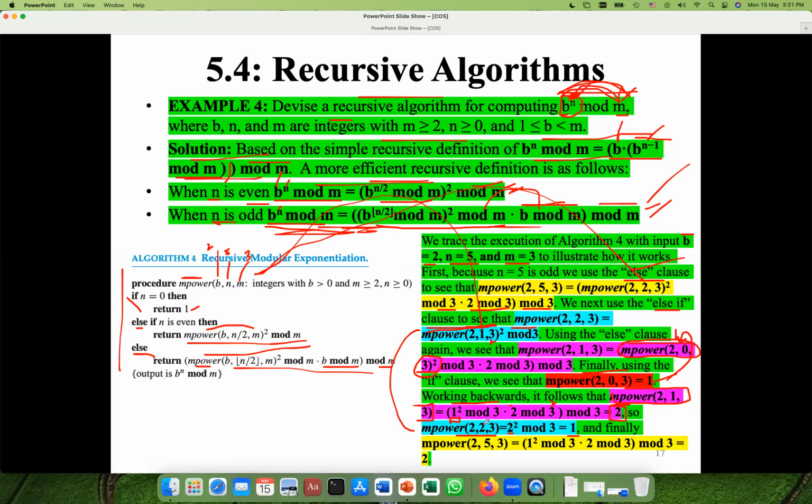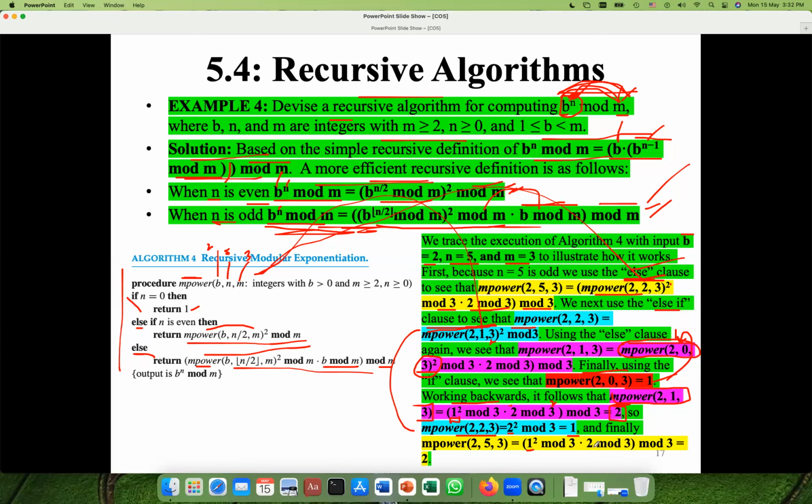So this is the value you have for this 2 to 3. Where have you called this 2 to 3? Here, in the yellow color. What is the value for this one? 1. Put this value here in the yellow color. And you have 1 square, and this is the square. 1 square, and then mod 3, times 2. Write whatever you have here, and now calculate it. 1 mod 3, what will you have? 1. 1 multiplied by 2, you can do it first or later, it is up to you. 2 mod 3, you will have 2.